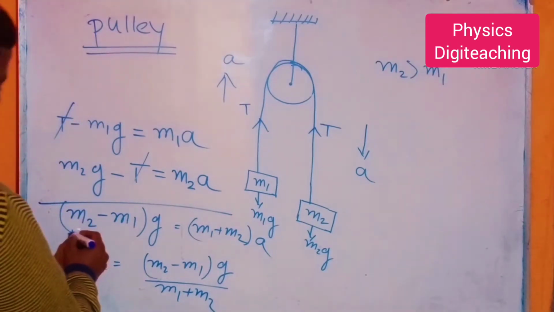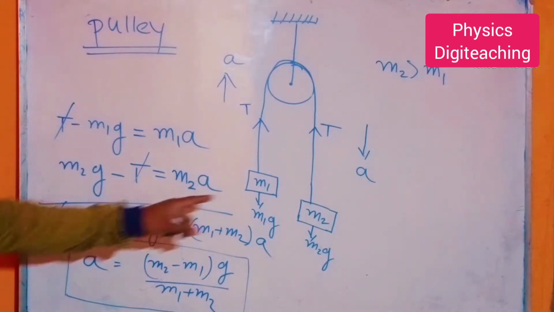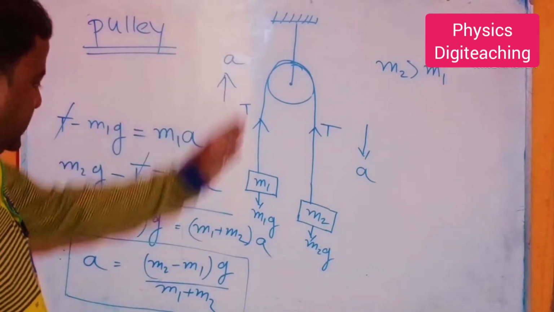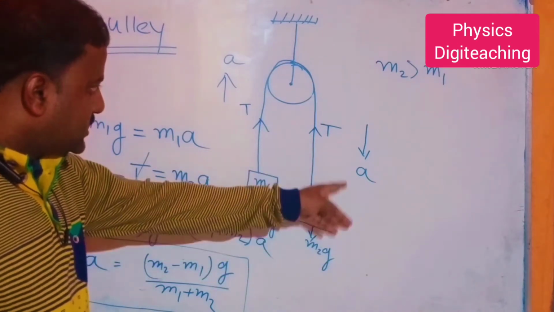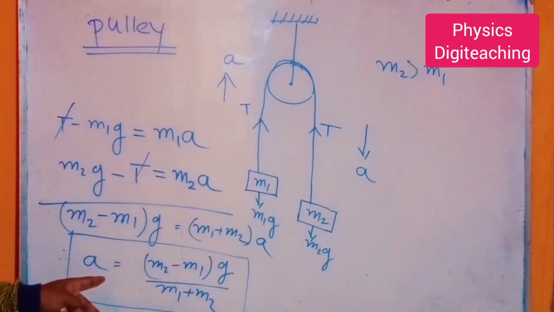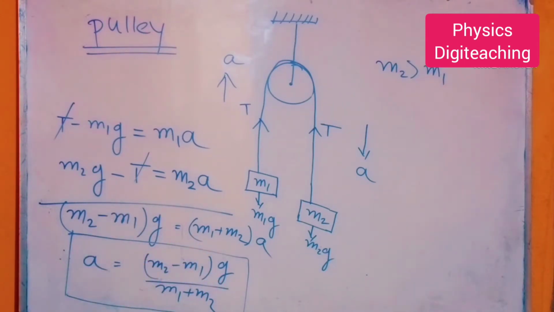This is the acceleration of the system. The mass M1 goes up with the acceleration A, and the mass M2 goes down with the acceleration A, and this is given by A equals M2 minus M1 into G by M1 plus M2.